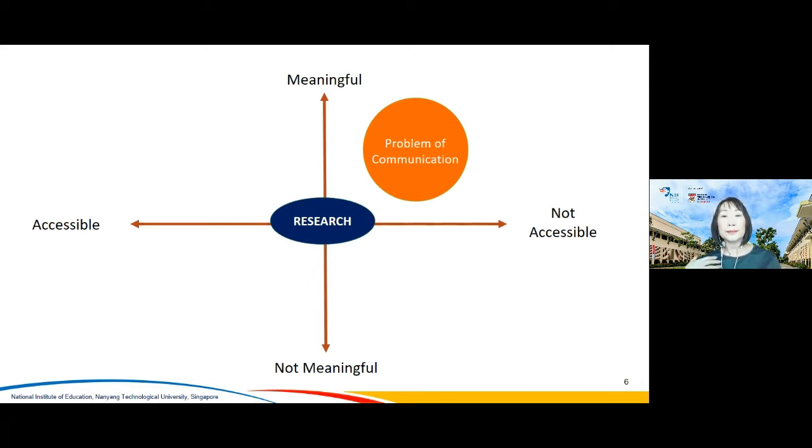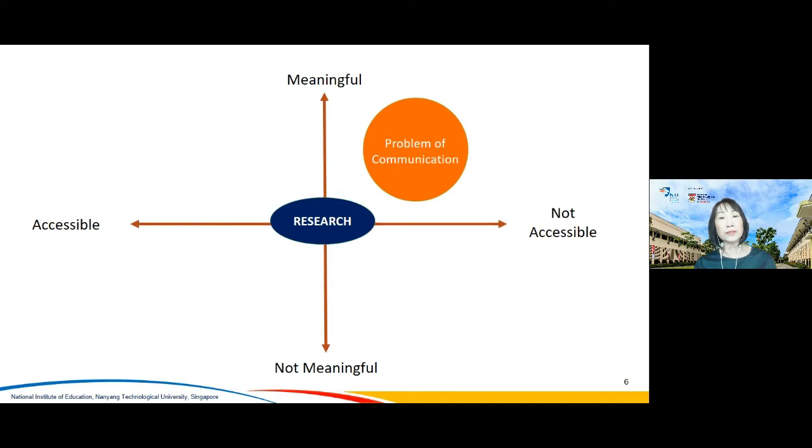So the expression, the description of the research, of the findings, may not be in the language that practitioners are comfortable with. On the other hand, it could also be that the researchers may be making an attempt to do that, but because of a lack of prior knowledge about certain kinds of research and theory, the practitioners may also find it difficult to comprehend what is being shared. So there's a problem of communication.